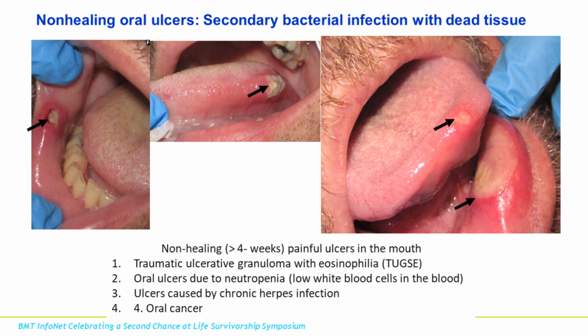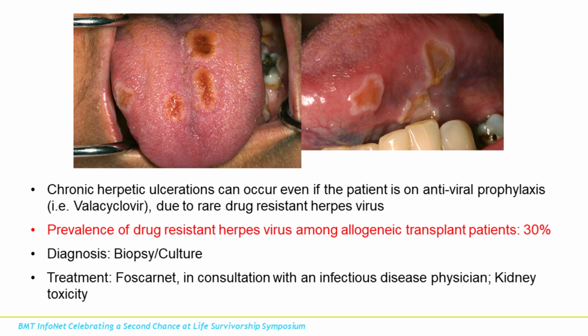It is actually something that we see in non-GVHD patients because of the non-healing ulcer due to dead tissue underneath. It needs to be biopsied to make sure there is no cancer, and the biopsy also helps to remove the dead tissue and make fresh bleeding to facilitate the healing.